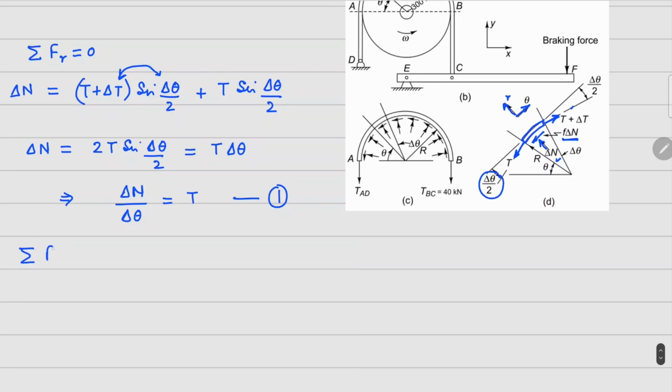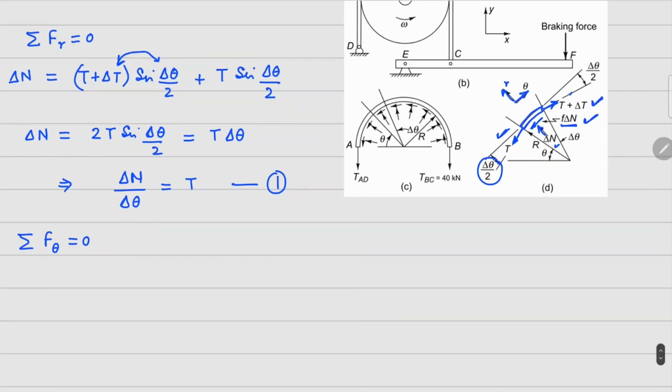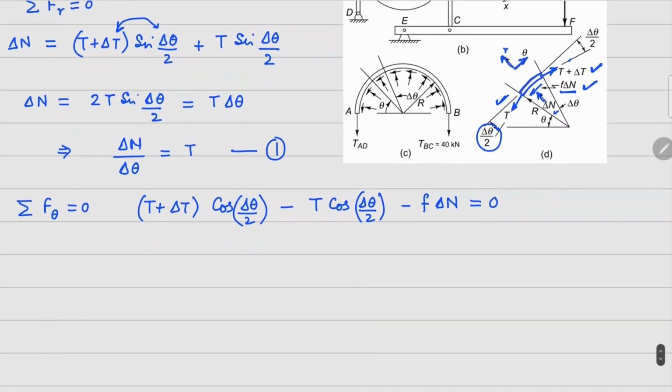Now if you do the summation of forces in the theta direction, we have this tension, in the negative side we have this tension, and F times delta n is also going in the negative direction. So for these tensions we are going to use the cos component. So T plus delta T times cos delta theta by 2, that's going in positive theta, minus T times cos delta theta by 2, and then minus F times delta n equals 0.